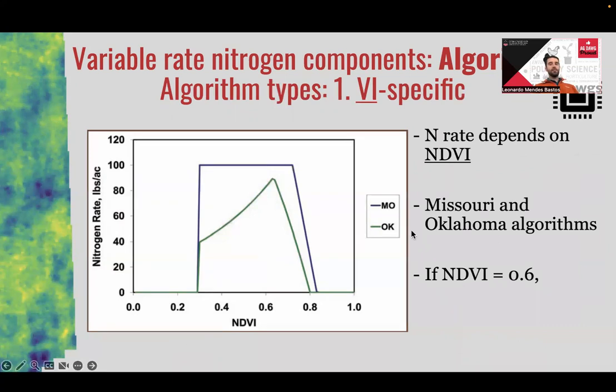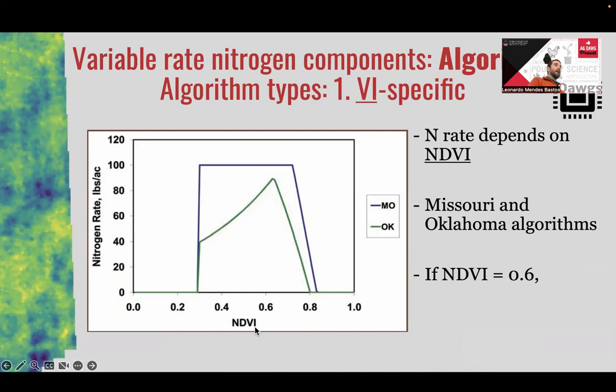We do see that both the Missouri and Oklahoma algorithms are relating NDVI to nitrogen rate. So if NDVI is 0.4, it is going to apply, let's say, 50 pounds of nitrogen, right? That limitation right there is what I'm talking about. If you think of it again, this algorithm was probably developed, well, it was developed with NDVI.